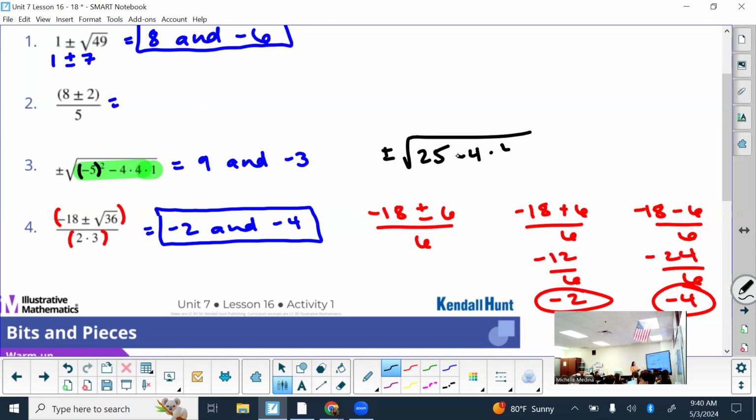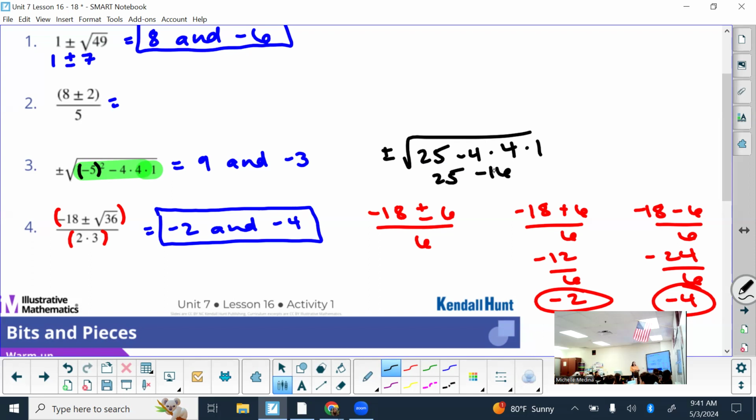Do we subtract first or do we multiply first? According to order of operations. So don't do 25 minus 4 yet. What's -4 times 4? What's -16 times 1? Okay.